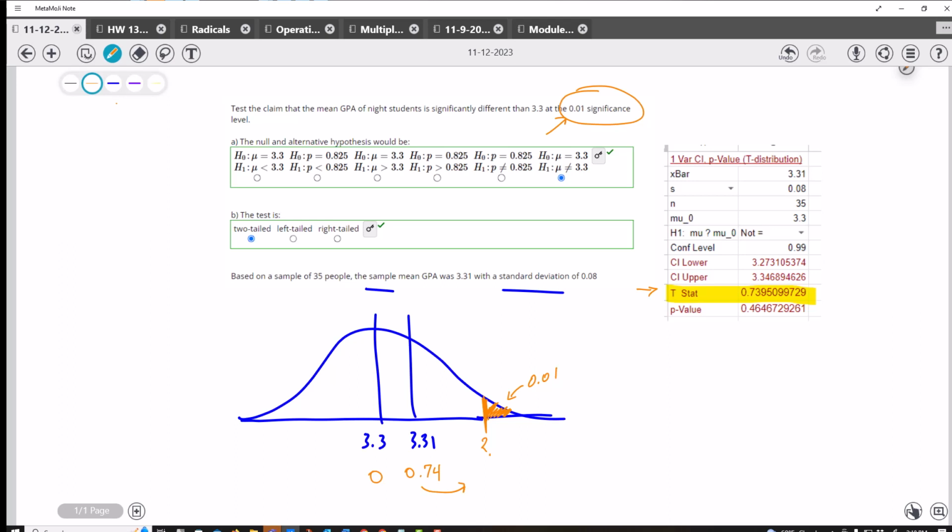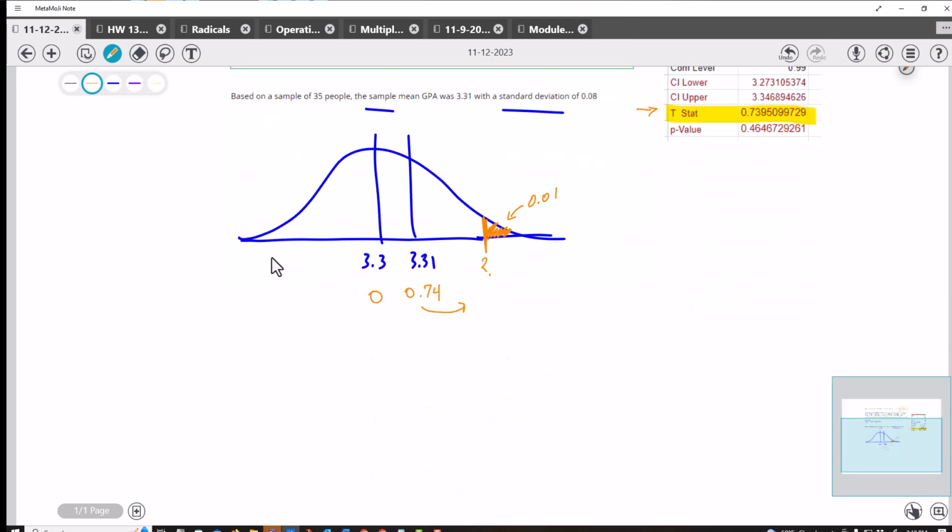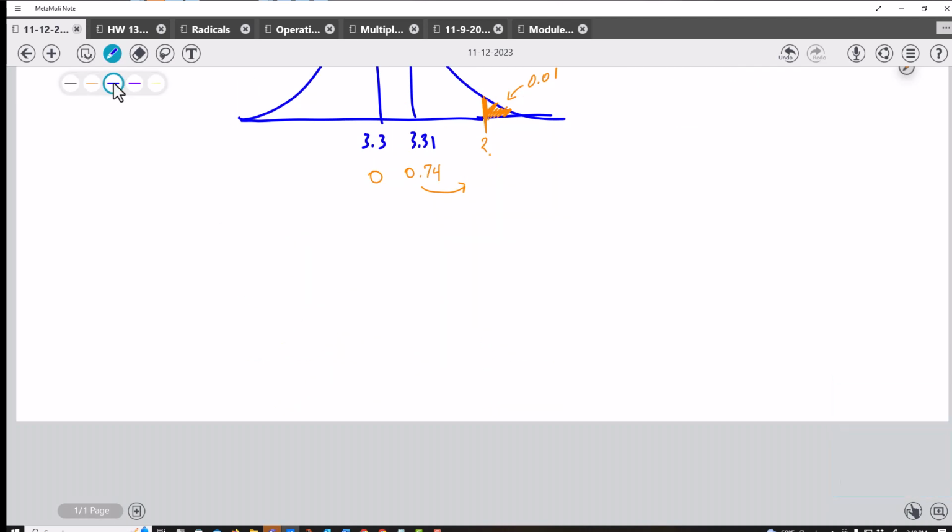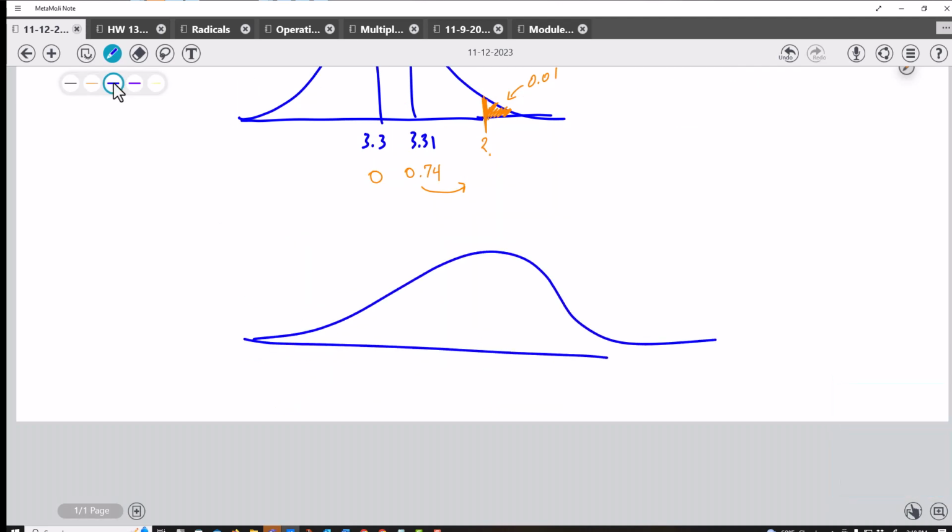Now, here's the issue with critical values that students have a hard time with. Notice this is a two-tailed test. So what that means is if I just draw out, I know it's ugly, that's a normal curve, my critical value, if what I'm cutting off is 0.01, that's actually both here and here.